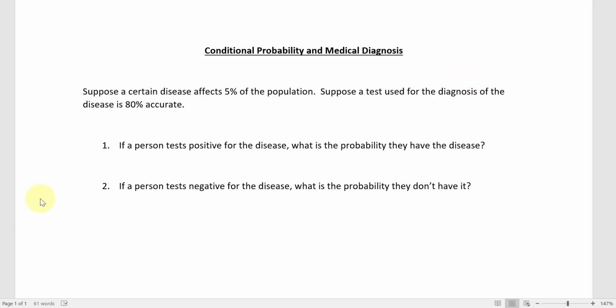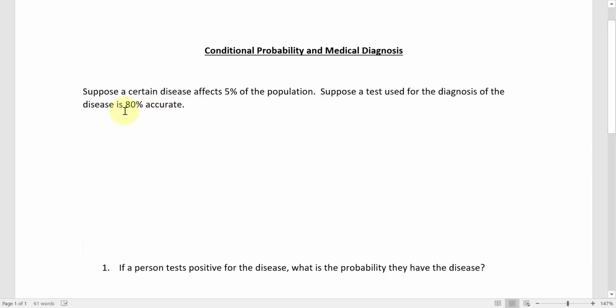Okay, so to answer those questions, we'll use some probability notation and make a table, and we need to clear up exactly what's meant by this 80% accurate. So first, I'll use this notation to say the probability of the disease. It says it affects 5% of the population, so the probability of having the disease would be 0.05 for a person randomly selected from the population.